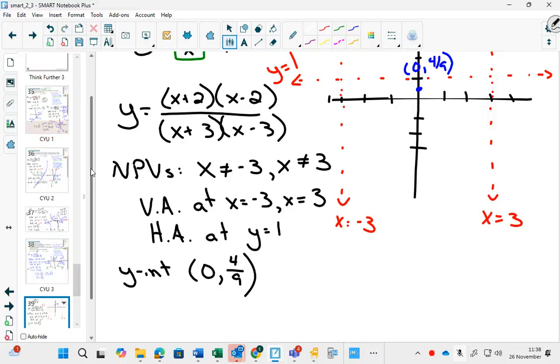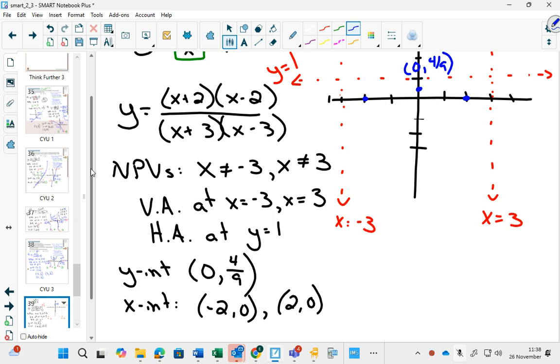Next, x-intercepts. X-intercepts is when your fraction is equal to 0, so you look at your numerator, it's already factored. We're going to make it 0 at negative 2, and we'll make it 0 at positive 2. So I go to my graph. Negative 2, and positive 2.